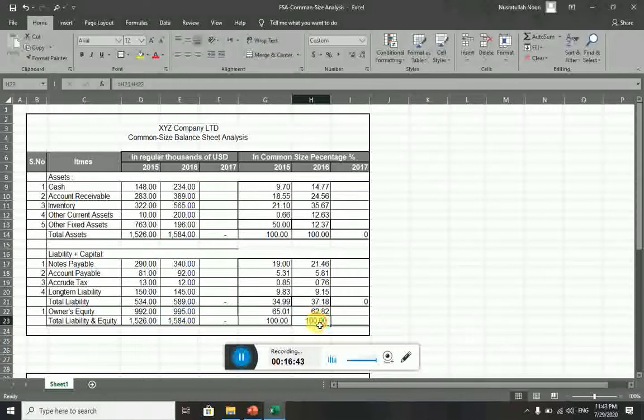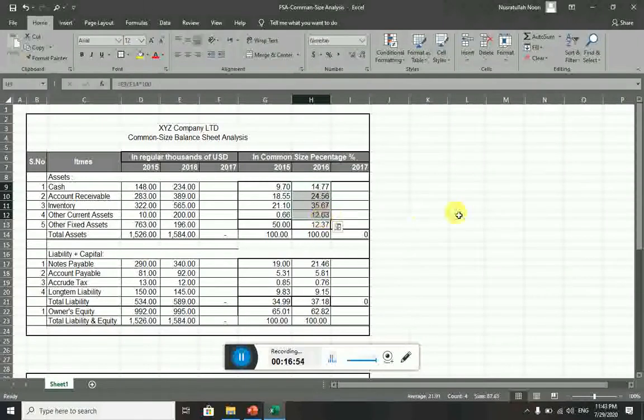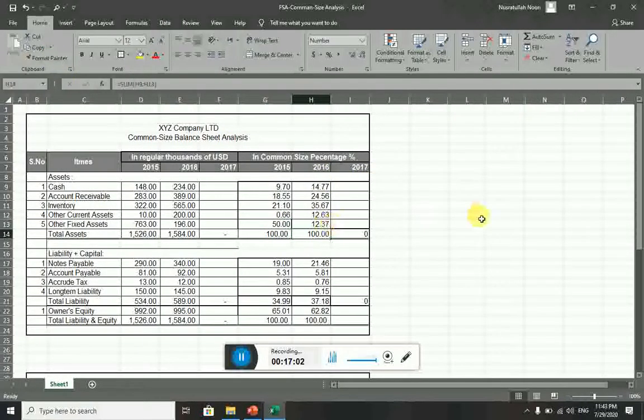Then I added both the total percent of the liability and total percent of the equity, which is equal to 100. If all these percentages are added and they equal 100, it shows that your computation is correct. If it is not equal to 100, it means there is something wrong with your computation.